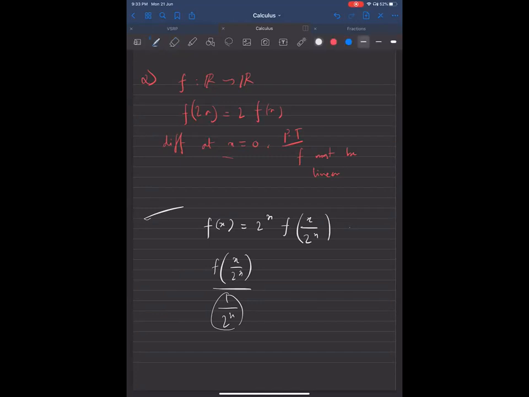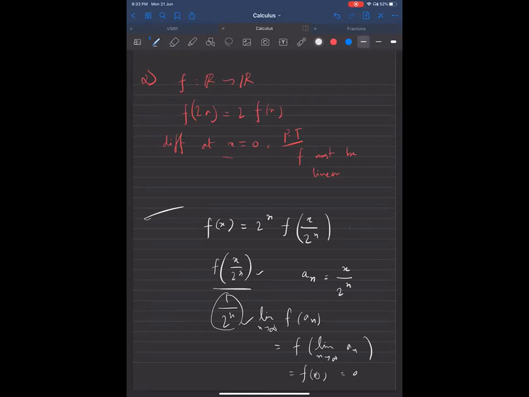This part is clear, right? Consider the sequence a_n defined as x by 2 to the power n. Now f of a_n, limit n tends to infinity, is f of the limit, because of continuity at 0.